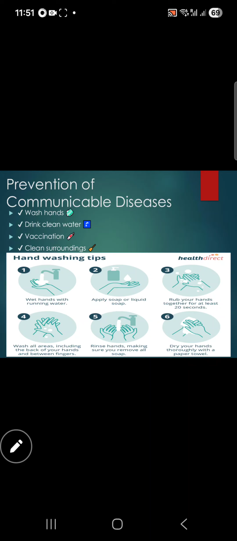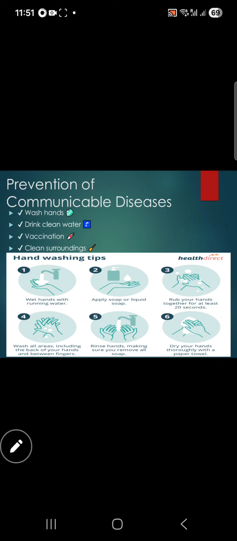Next slide is prevention of communicable diseases. How can we prevent communicable diseases? Through washing our hands daily, drinking clean water, getting vaccinated, and keeping clean surroundings.